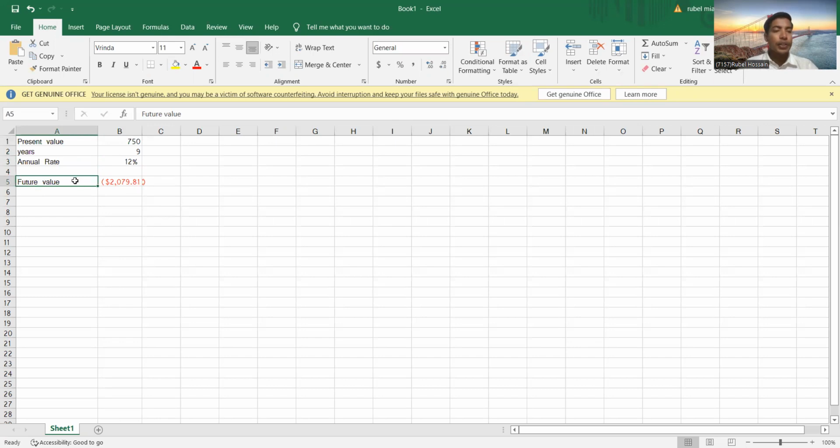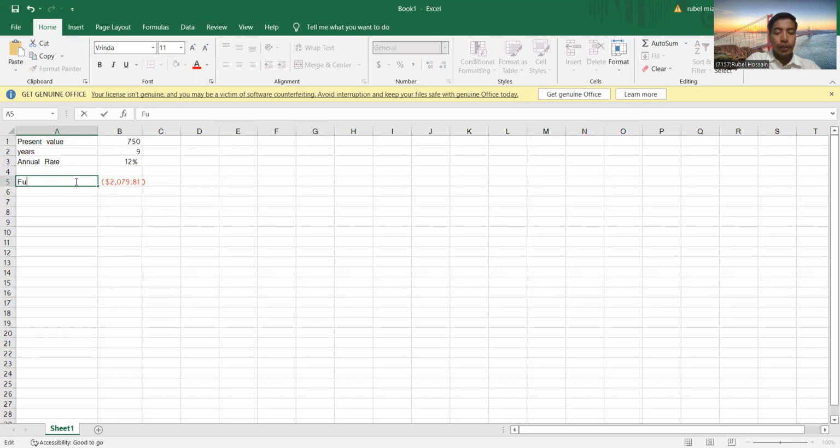So here you can see we want future value. That's why you have to write future value. Whichever output you want, you have to write that output in this column. So here we want future value, that's why we have to write future value.